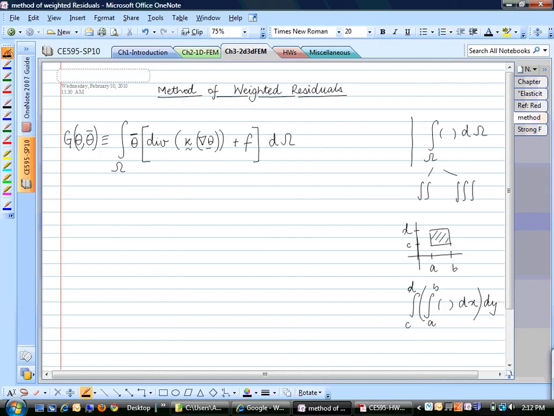Anyway, now we're going to write this using indicial notation. Theta bar is a scalar, no need for any indices. For the term right here, what we had was kappa ij applied on theta comma j, and derivative with respect to i, plus f, d omega.